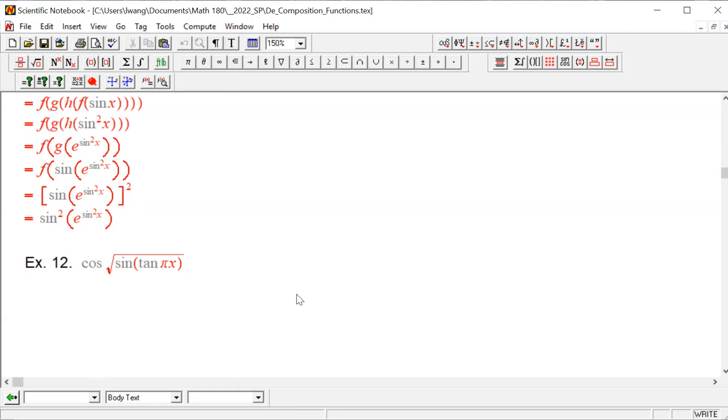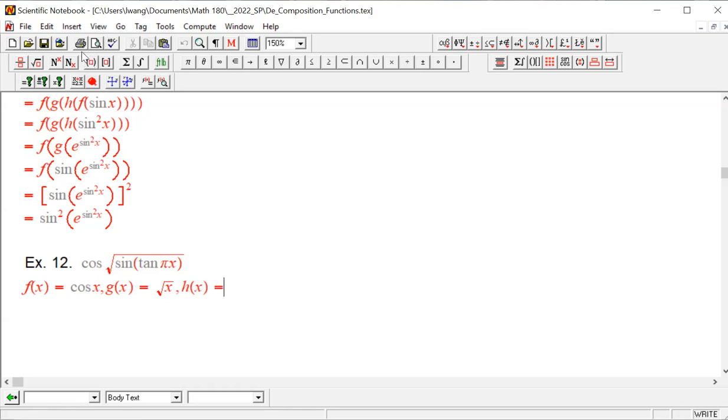And this last one, of course, shouldn't be too hard, right? f of x now is cosine x, right? g of x is square root of x. So you just peel layer after layer. So this is the square root. The next layer is what? h of x.